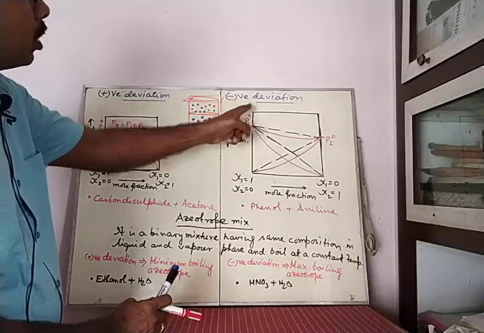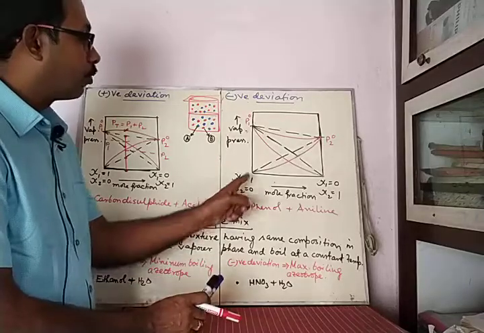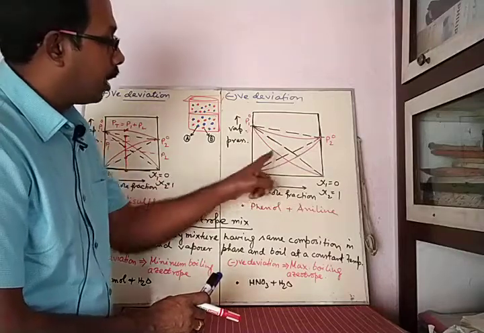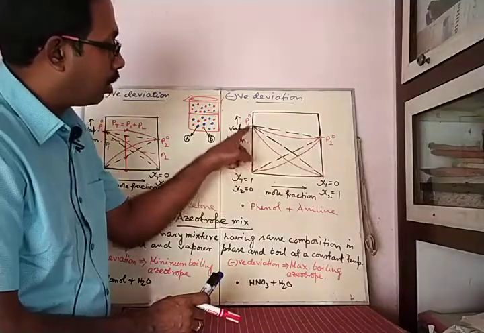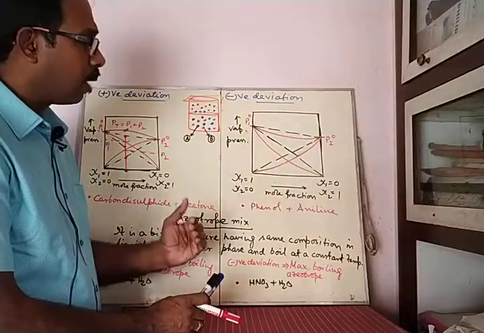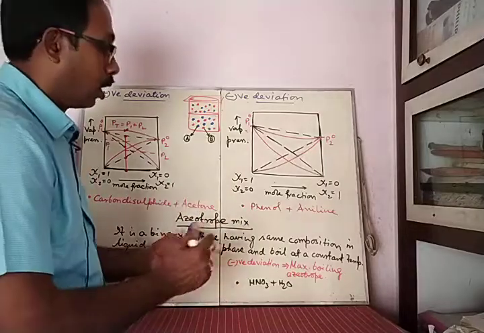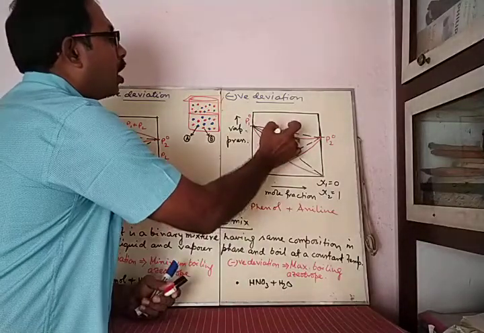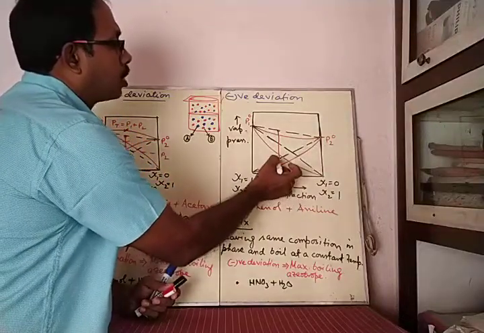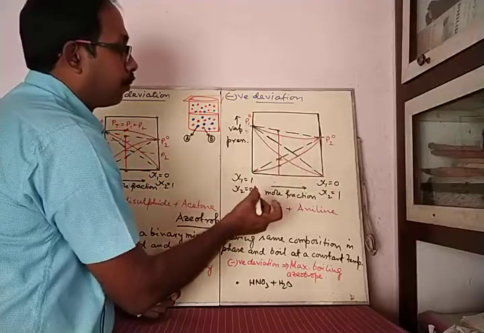And here comes the case of negative deviation. So you can follow, it is a similar graph like this, but in each case the expected values are the red lines, and the obtained values are less than the expected values. So here also if we take a composition, the expected value was this for P2, but actual value is coming here.